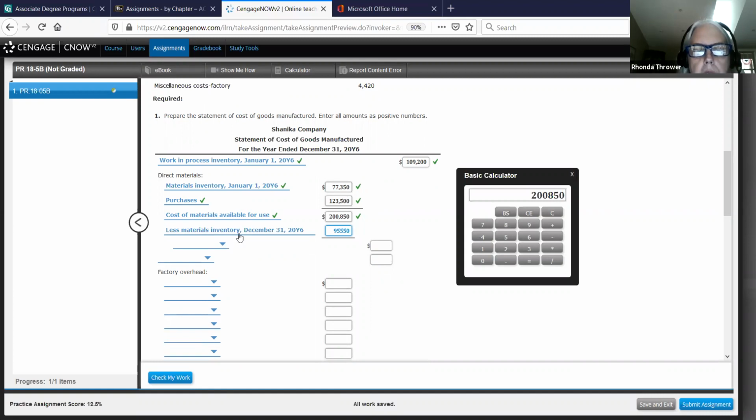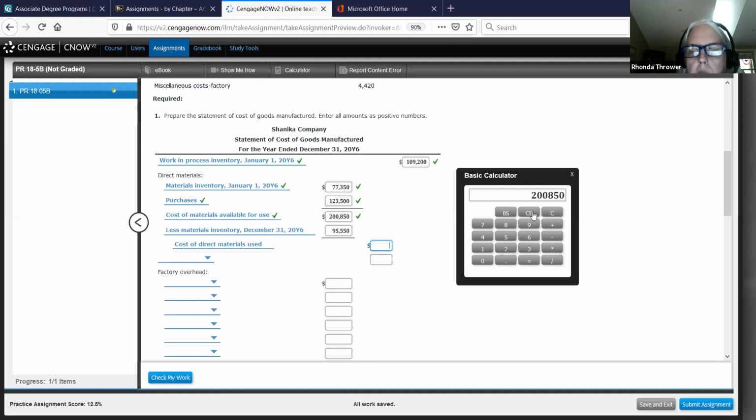When you subtract the materials ending inventory from the cost of materials available for sale, it will leave you with the cost of the direct materials used. This is an important part of the manufacturing statement. This tells you how many raw materials were used during this period of time.